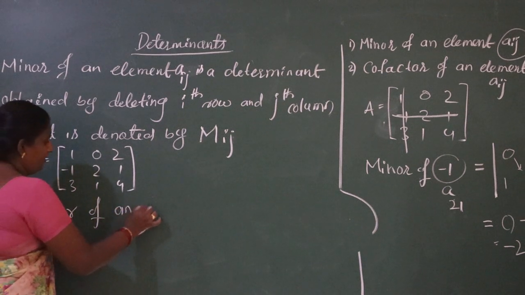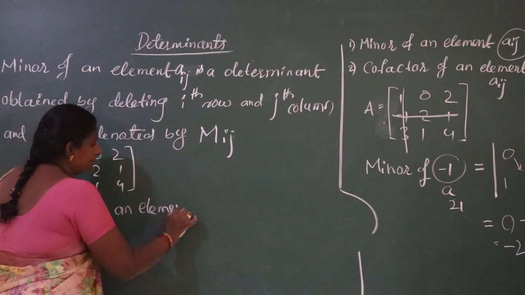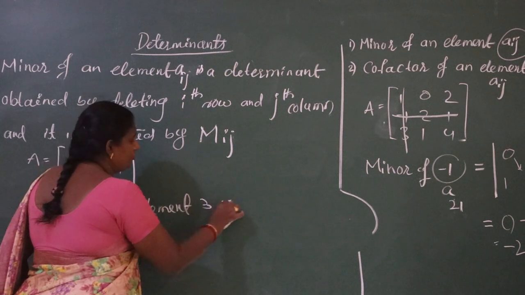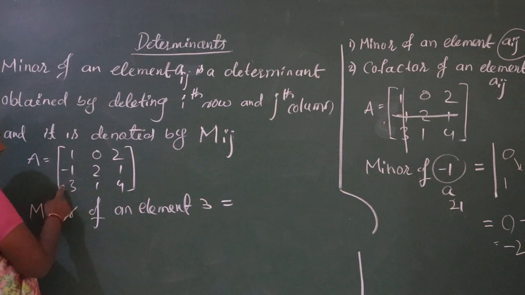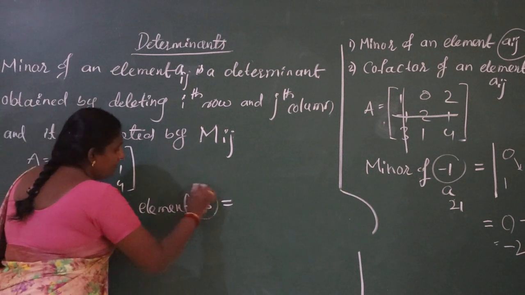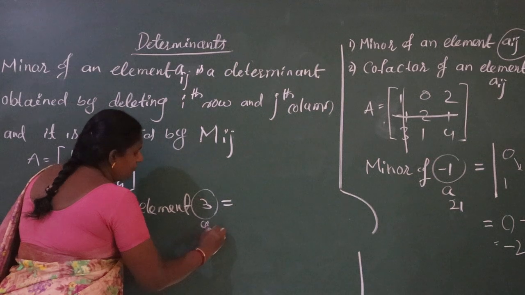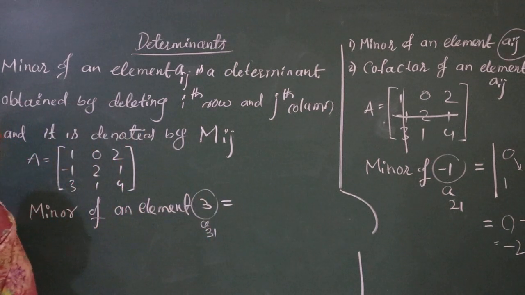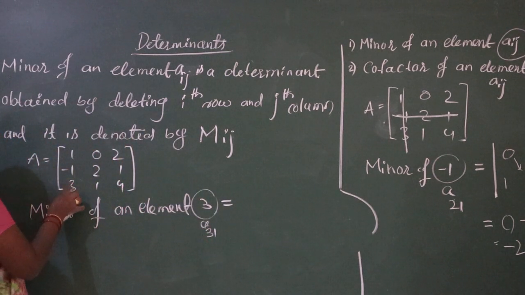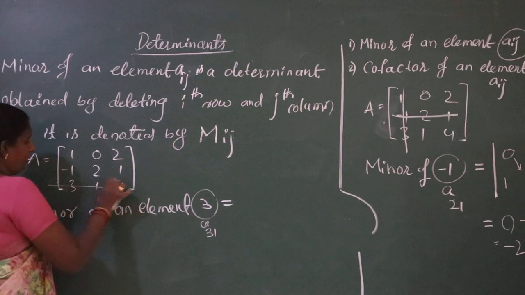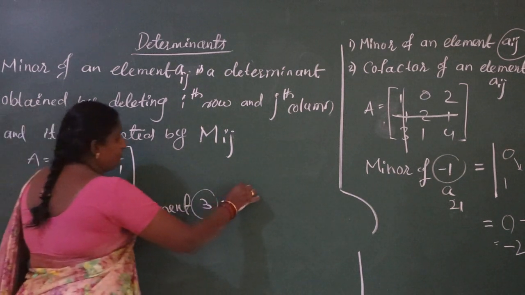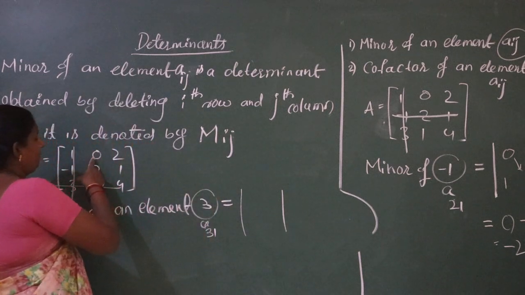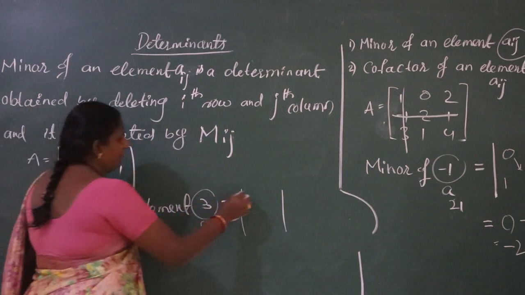Minor of the element 3 equals how much? What is the position of this 3? It is in A31, third row, first column. So we have to remove the row and the column where it lies, then find the determinant of the remaining elements: 0 2, 2 1.